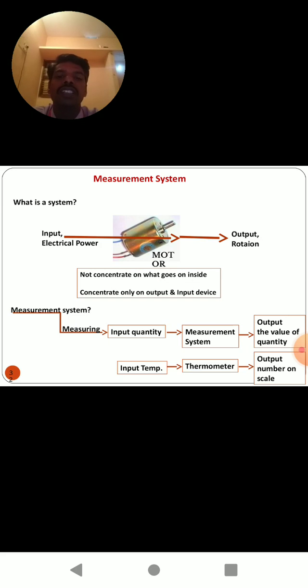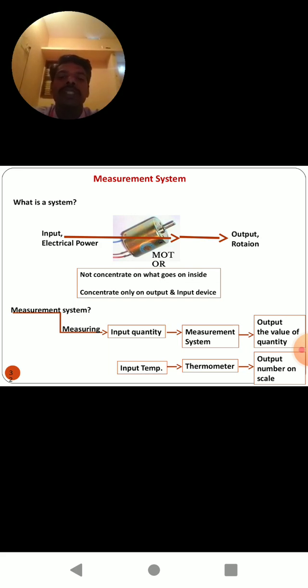We are not concentrating on what happens inside the motor. We will concentrate only on the input and output. So this is an example for understanding the system.